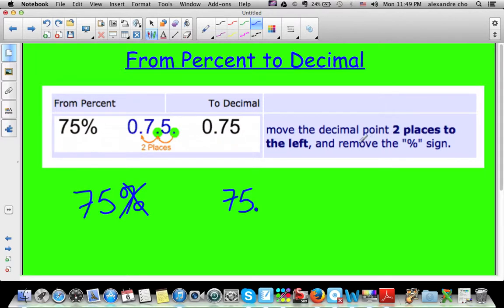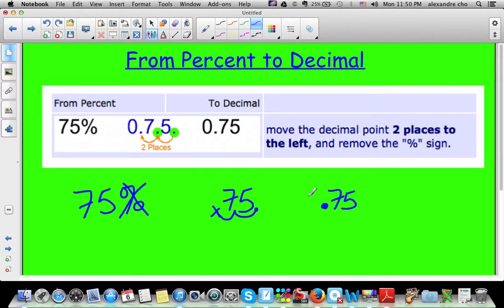Step 2 says move it to the left twice. So move it once, it goes right here. Move it twice, it's right there. So that's where my new decimal location is going to be. Cleaning that up, which you should always do, makes it a decimal in the new location, next to the 7, and then the numbers.